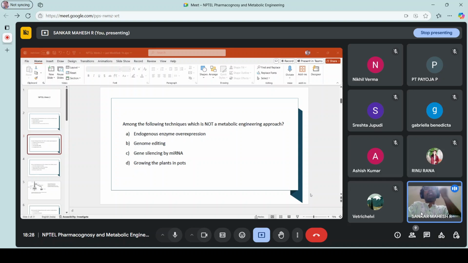Okay. Does anyone know what mRNA is? Even the Nobel Prize was awarded to a discovery related to mRNA recently.